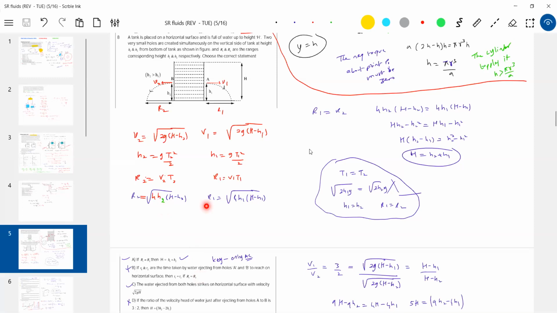If R1 equal to R2, B will also be possible. Yes, sir. B is not possible, sir.